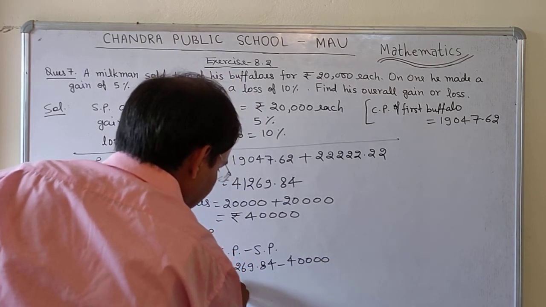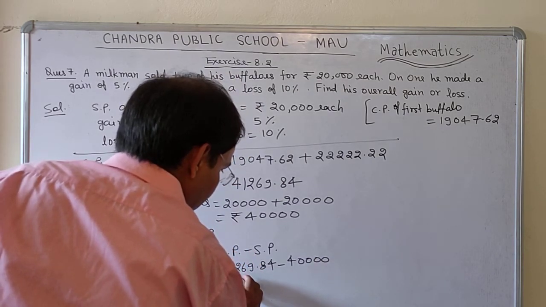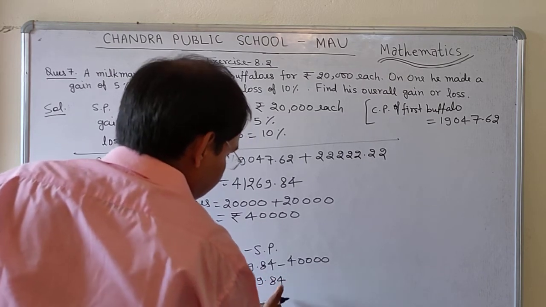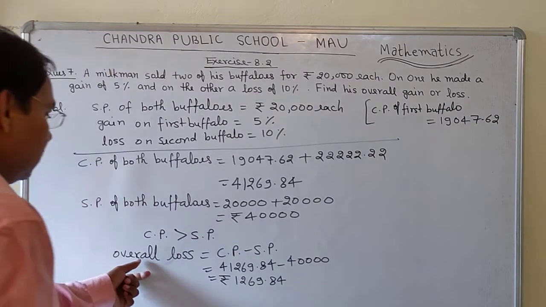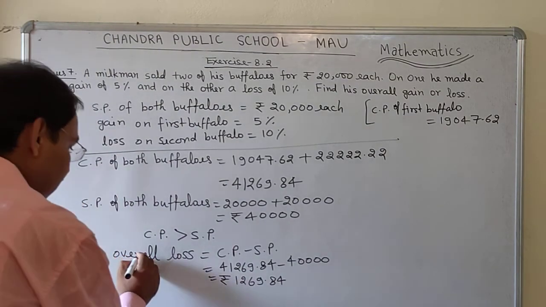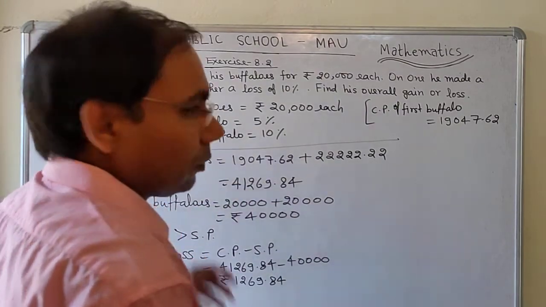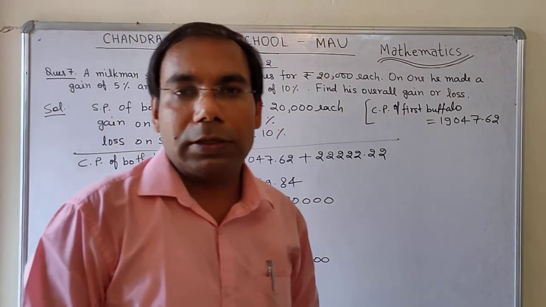That is equal to rupees 1,269.84. So that is the overall loss the milkman is going to get. So that is the complete solution of question number 7. Kindly note down the solution of this question.